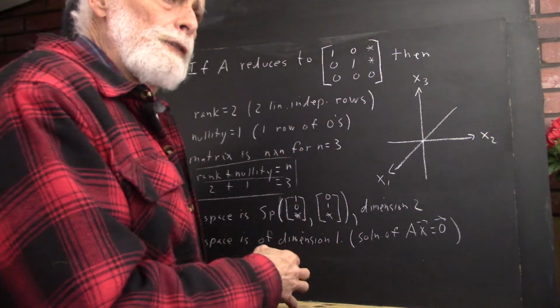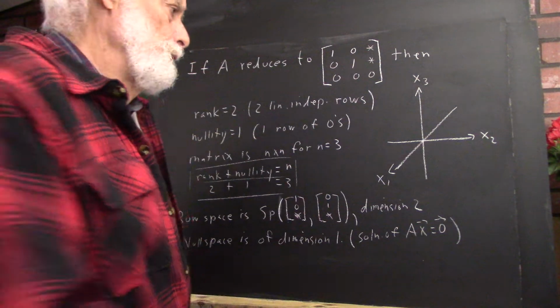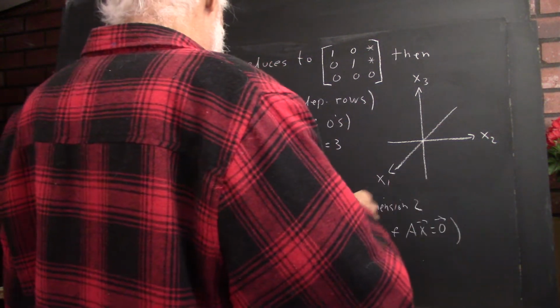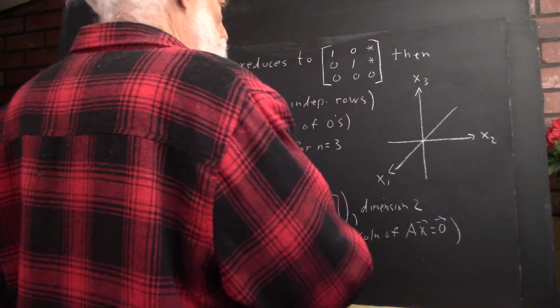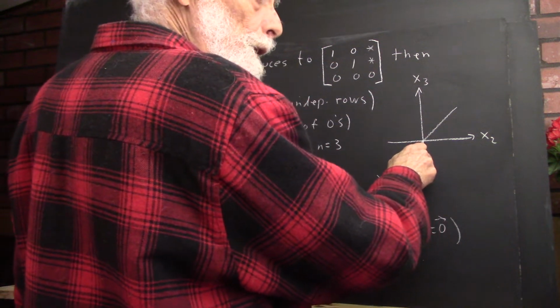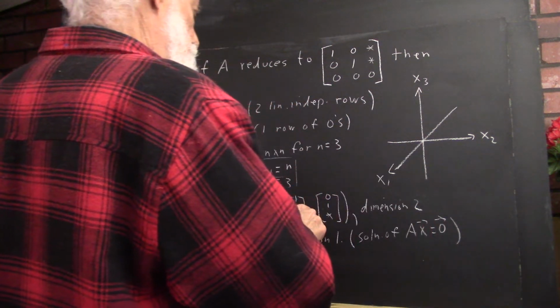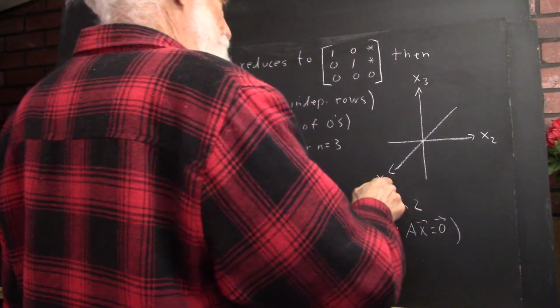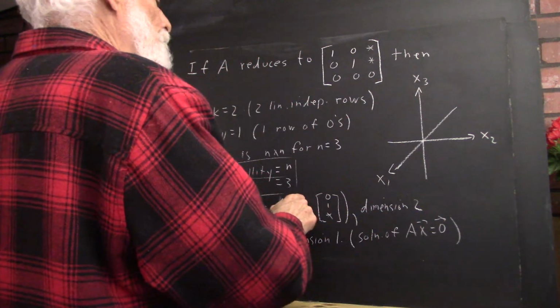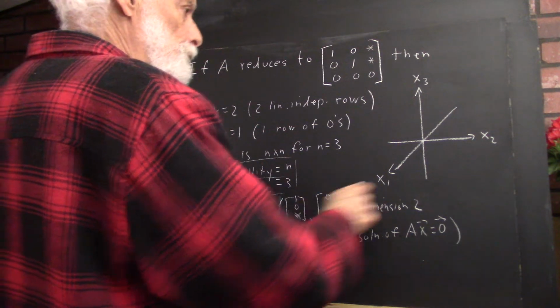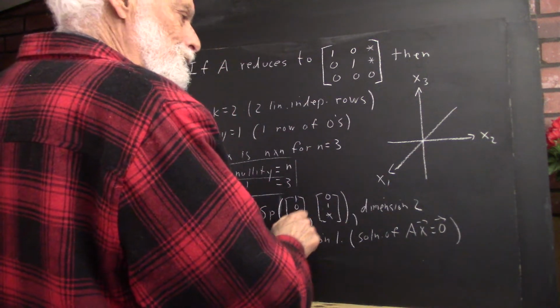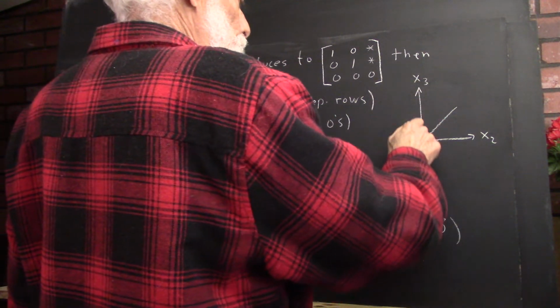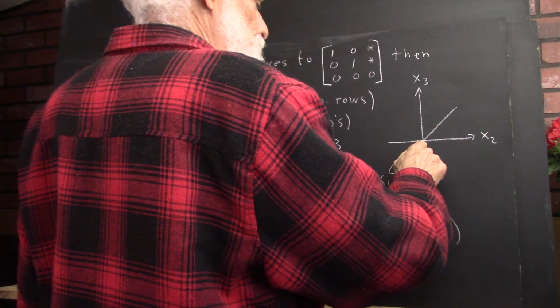So it's going to be a little easier to visualize this than what we just did, although that one I don't think is too difficult. This one comes out 1 unit in the x1 direction, 0 units in the x2, some number of units in the x3 direction. So I can draw this vector any place.